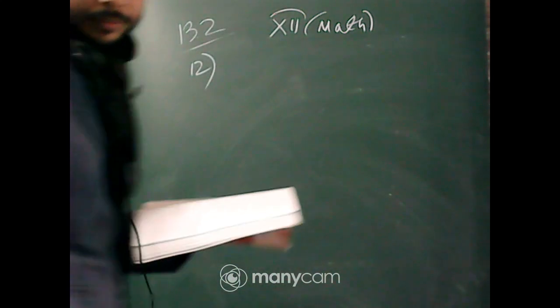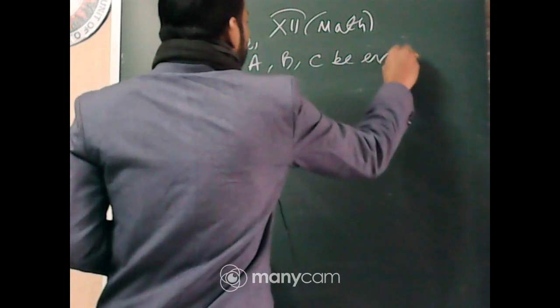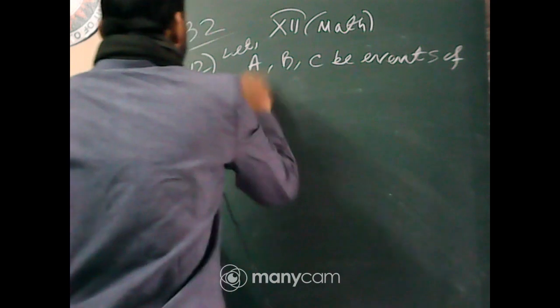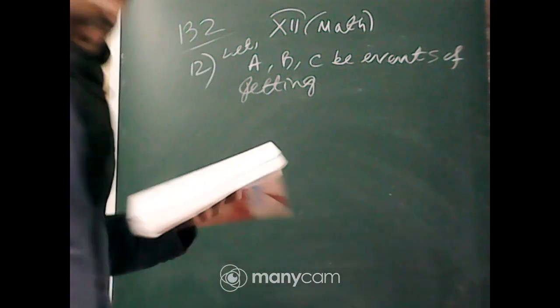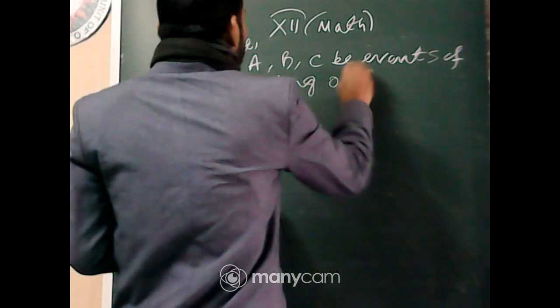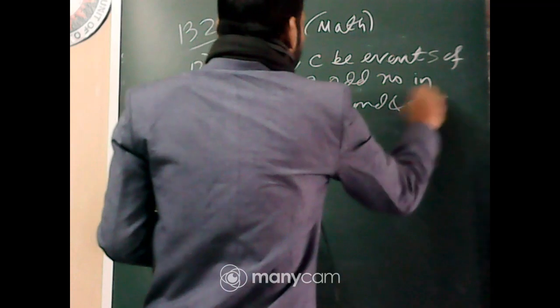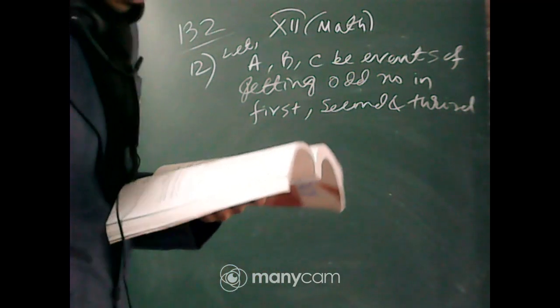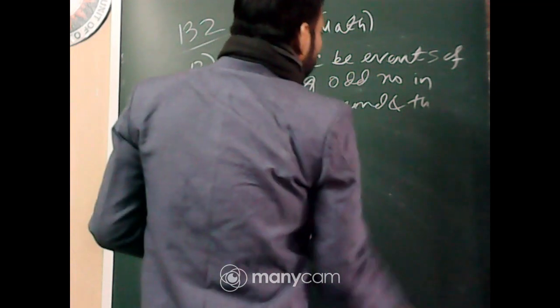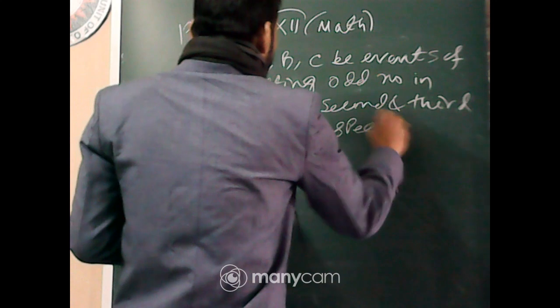So first of all, I am taking three events A, B, C. Let A, B, C be the events of getting odd number in first, second and third throw respectively.